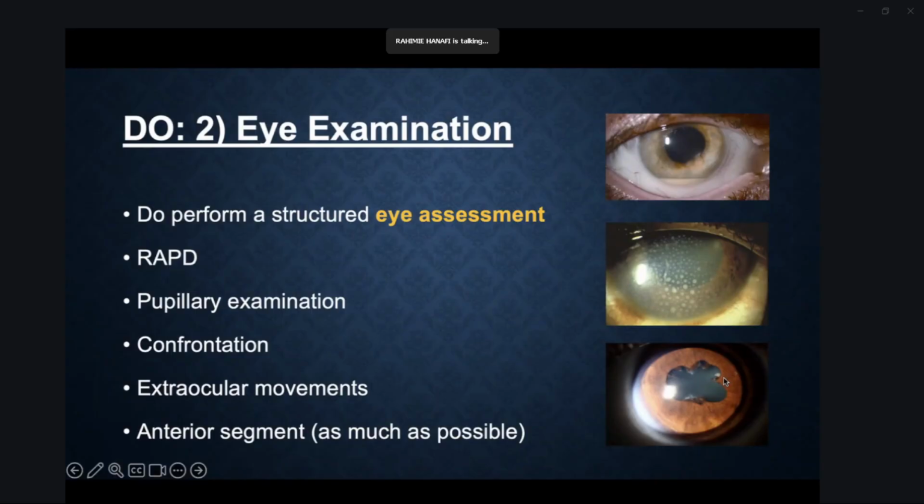Then you can see there is an irregular shape of the pupil. Okay, this is due to posterior synechiae, which is the adhesion between the iris and the anterior capsule of the lens. This also signifies a uveitis, which can be inflammatory or infection in origin.